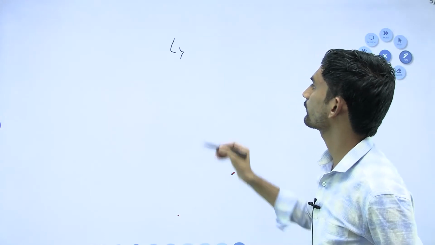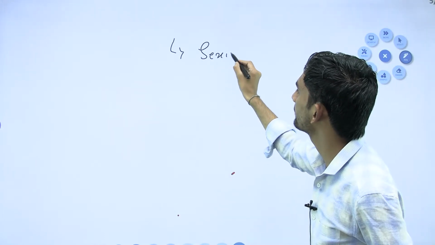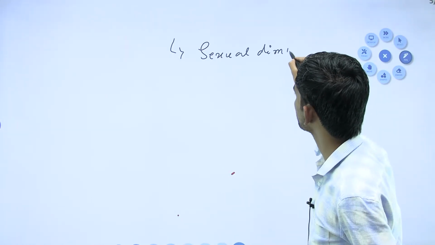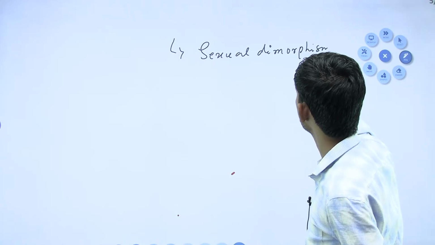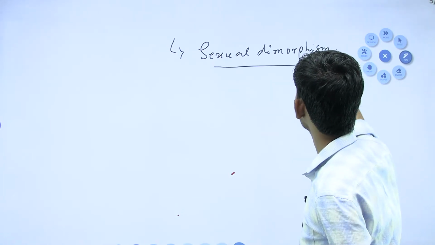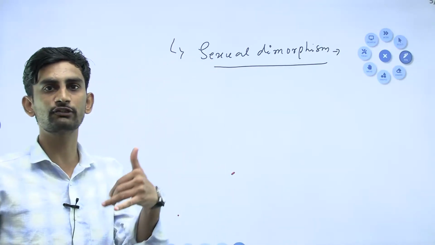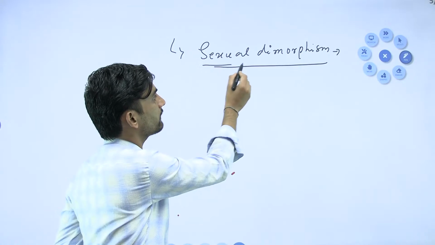Before going to the morphology, one important point: these animals exhibit sexual dimorphism. In previous classes you have already studied what sexual dimorphism means. Sexually means both male and female will come.